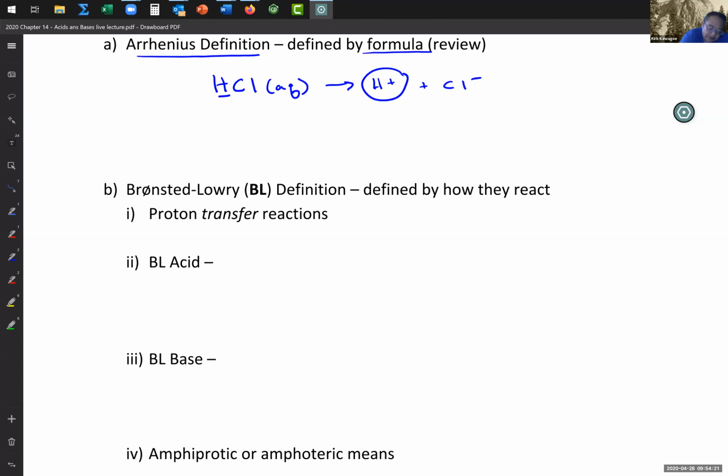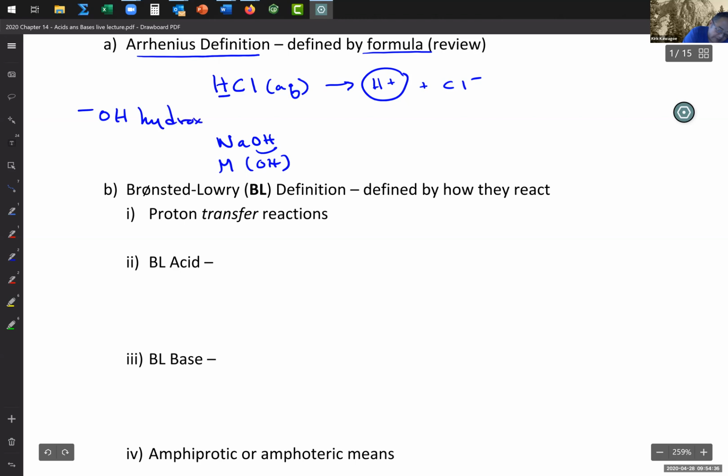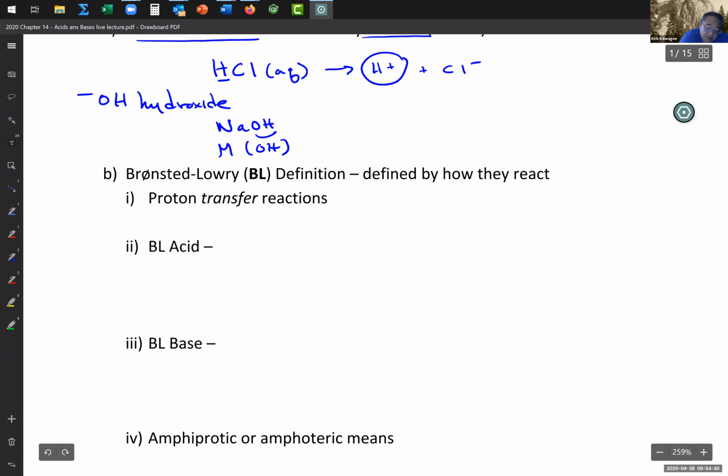And then bases are things like NaOH, a metal and a hydroxide ion. This is hydroxide, OH-, so just a reminder, because you'll see this a lot. When you put hydroxides in water and they're aqueous, what you get is sodium ion and hydroxide ion, and they split up.